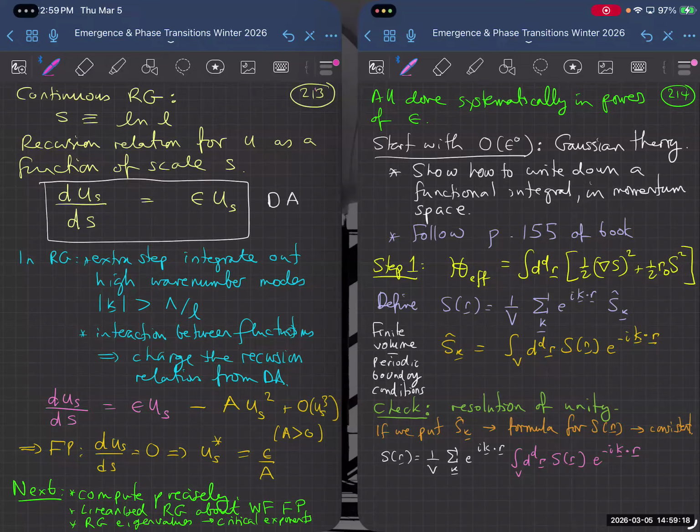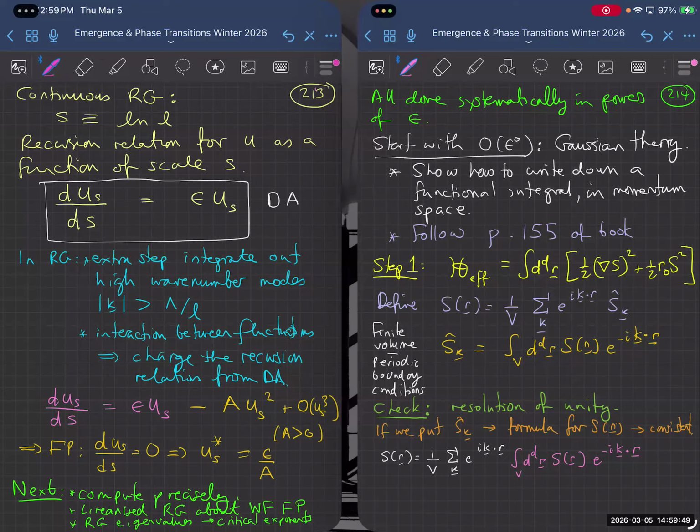You have to change K in the integral to K prime. No, but you're on the right track. Basically, when you multiply e to the ik dot r and e to the minus ik dot r, the K can't be the same. I know what you're saying, but think about it carefully. I'm saying you tell me what K is. It's a dummy variable.